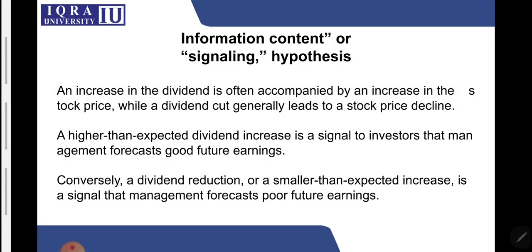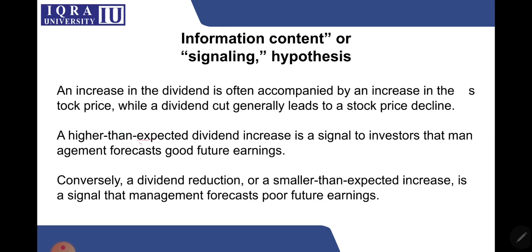Higher than expected. So it's based on the expectation. If a business always pays a dividend of, let's say, 5,000, and if they're paying a dividend of 6,000, then that's not a very big jump.